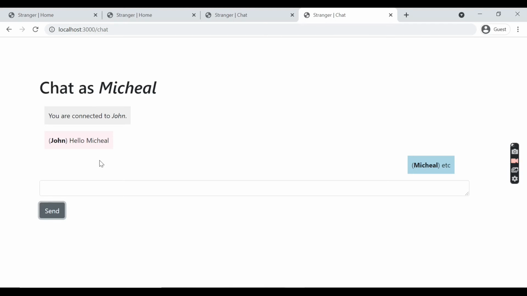So how is this working under the hood? Well, of course, when each client submits their form, they open a WebSocket connection. And when one does this, one either connects to an existing client who is on the waiting list and has compatible preferences, or one gets added to this waiting list themselves.